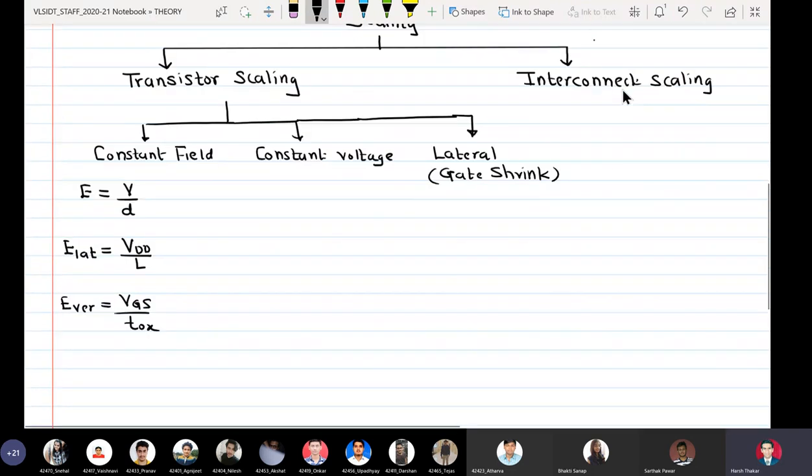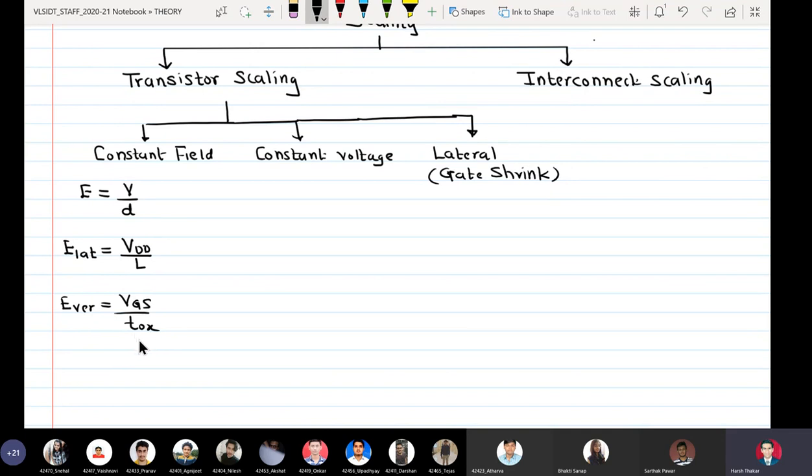It is natural that if I reduce L by S, and do not scale down VDD, then my electric field is going to get multiplied by S. So the electric field will increase, and it does not remain constant. Similarly, the vertical electric field is VGS upon Tox.